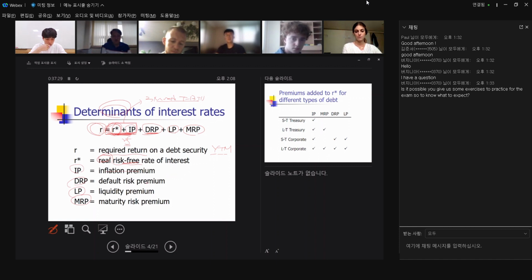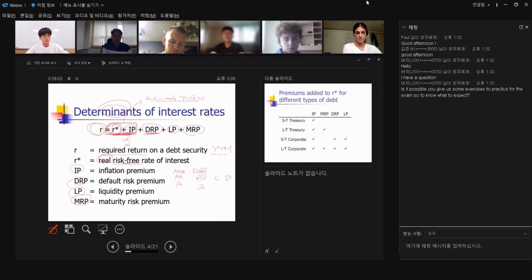For example, there are many layers of credit rating. Triple A is the most credible. Double A, single A, triple B, double B, single B, C, D. It depends on the credit of the company, right? A credit rating agency provides the credit rating to the company.